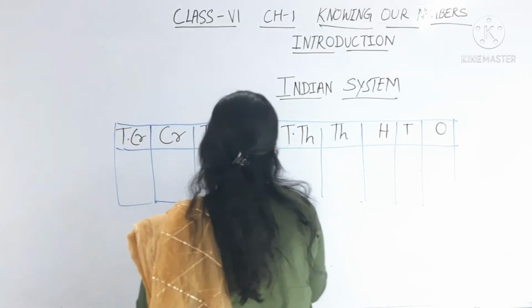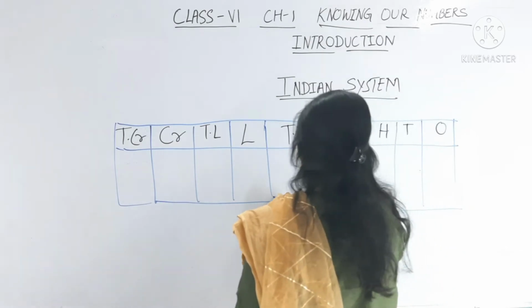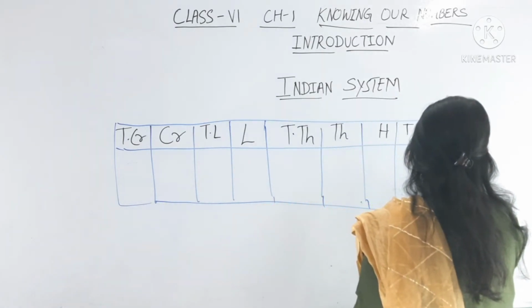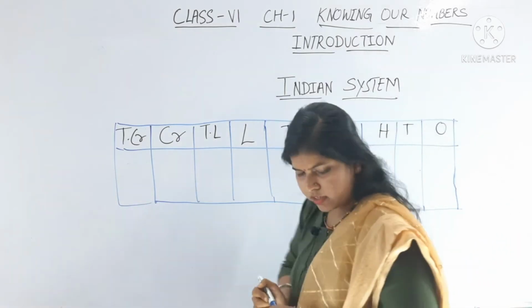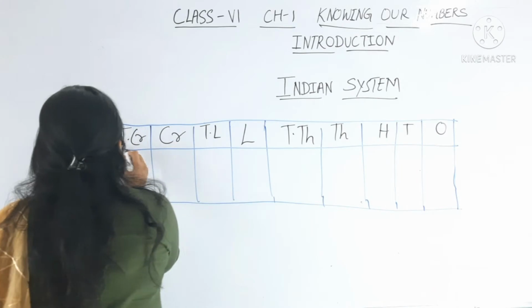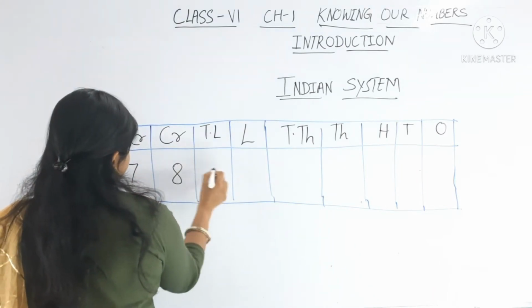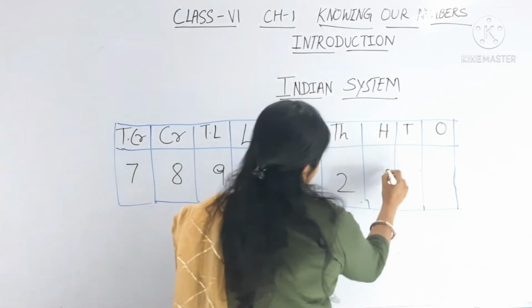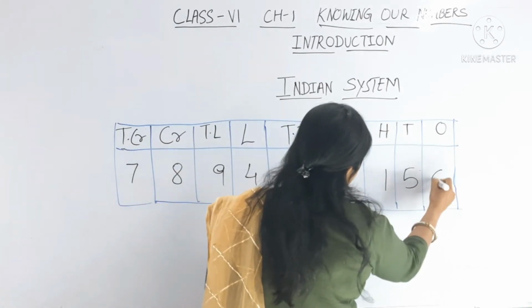I am taking an example. I can take here 7, 8, 9, 4, 3, 2, 1, 5, 6.